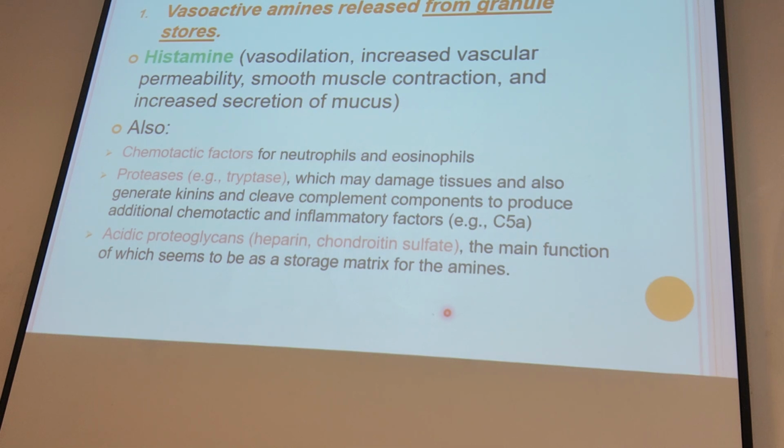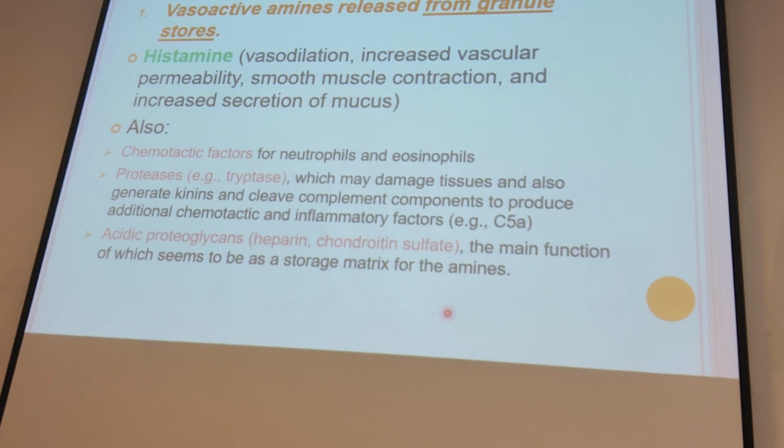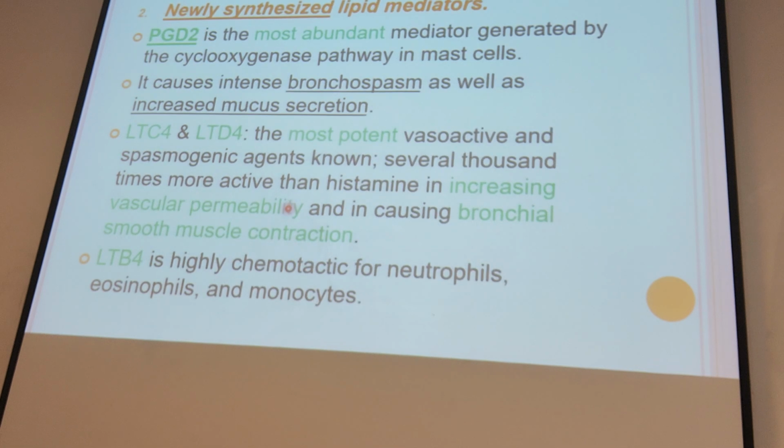So, in type 1 hypersensitivity, we have vasodilation, congestion of vessels, and we have edema. And we also have some other mediators in mast cells, for example, some chemotactic factors, proteases, and other mediators.